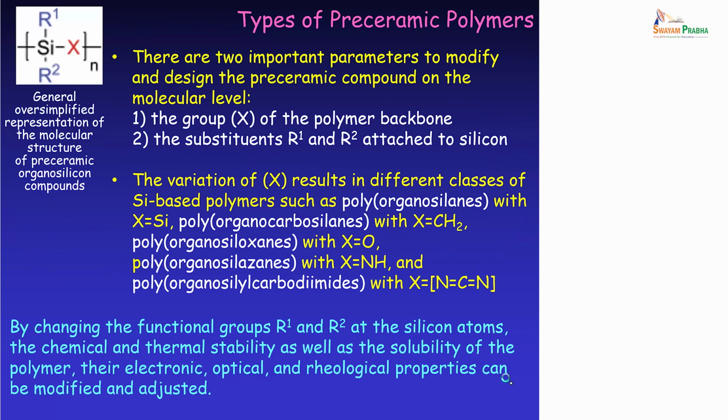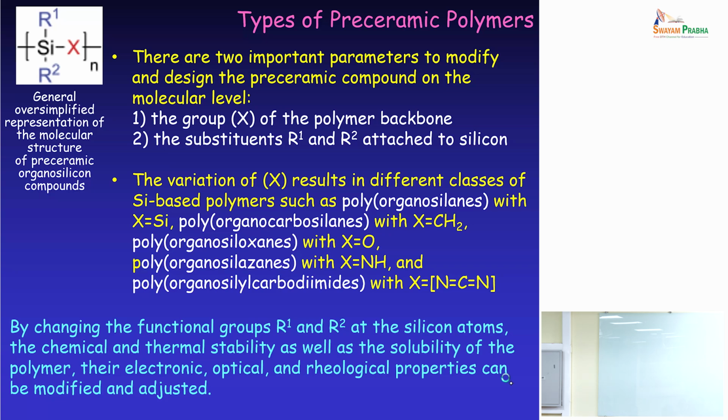So in terms of the types of preceramic polymers, there are some features that you can use to modify and design the preceramic compound at the molecular level. So you can see here the typical backbone, or molecular formula, for your preceramic polymer.